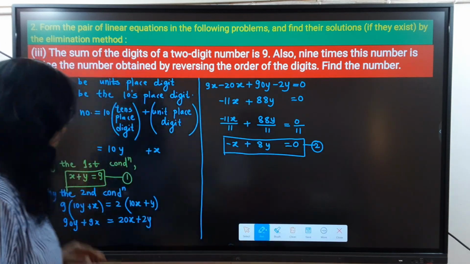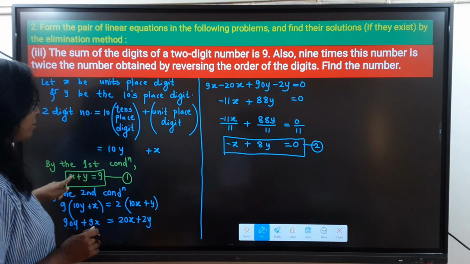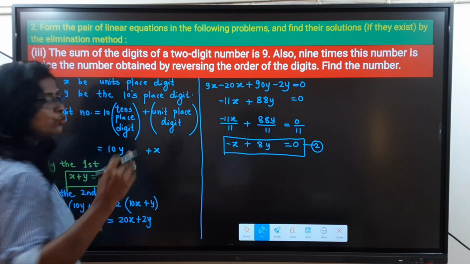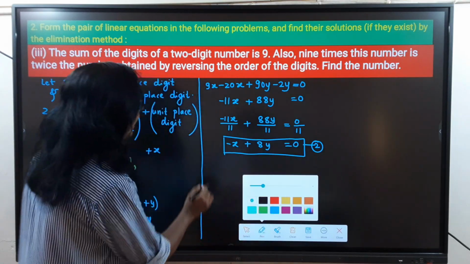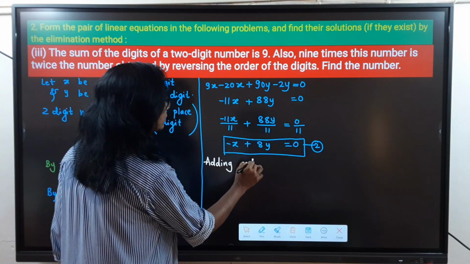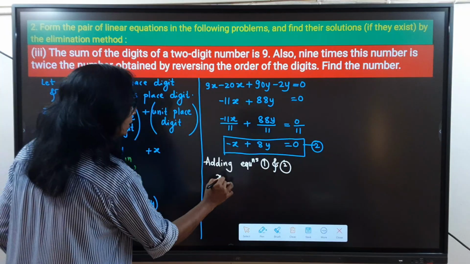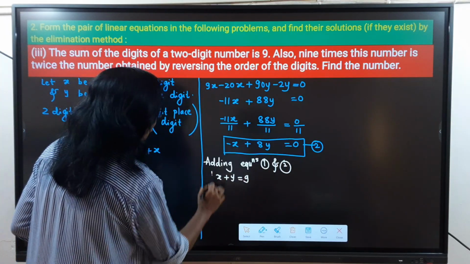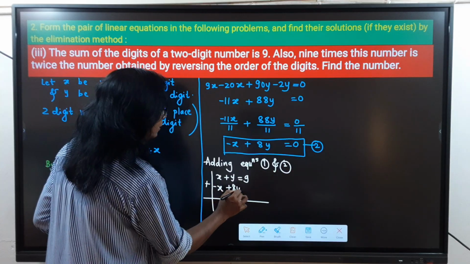Okay, now by the elimination method we solve these equations. That means here is the minus x and here is the plus x, so we add these two equations. Adding equations 1 and 2: x plus y is equal to 9, plus the second equation minus x plus 8y is equal to 0.